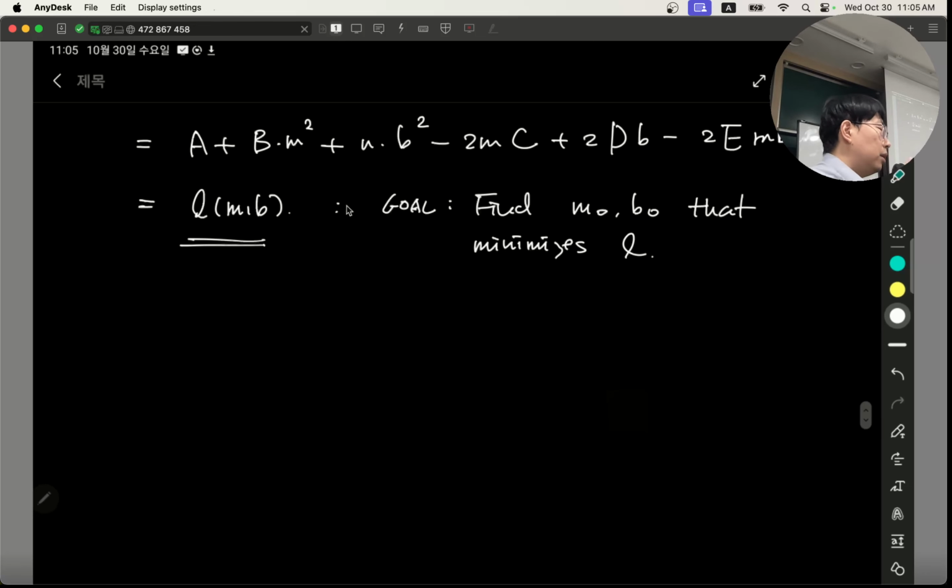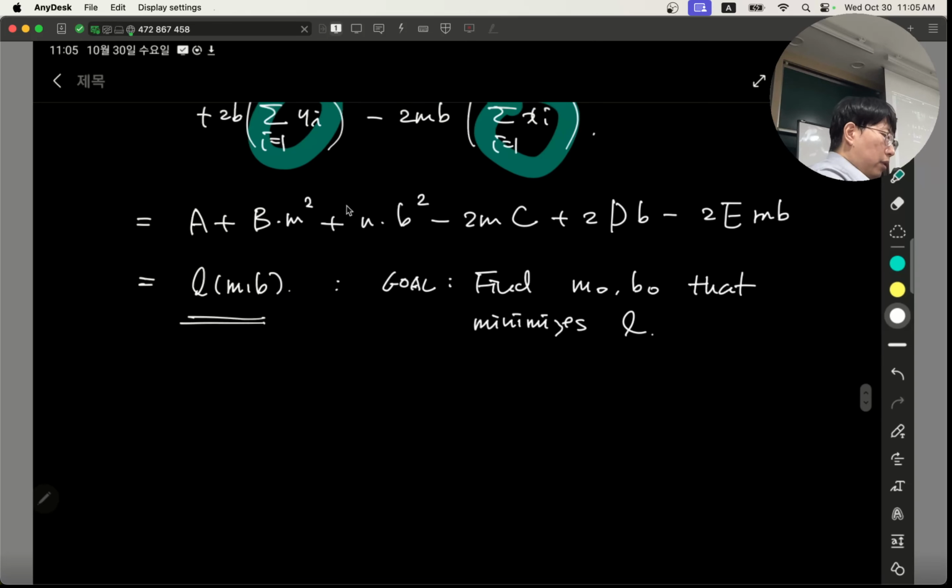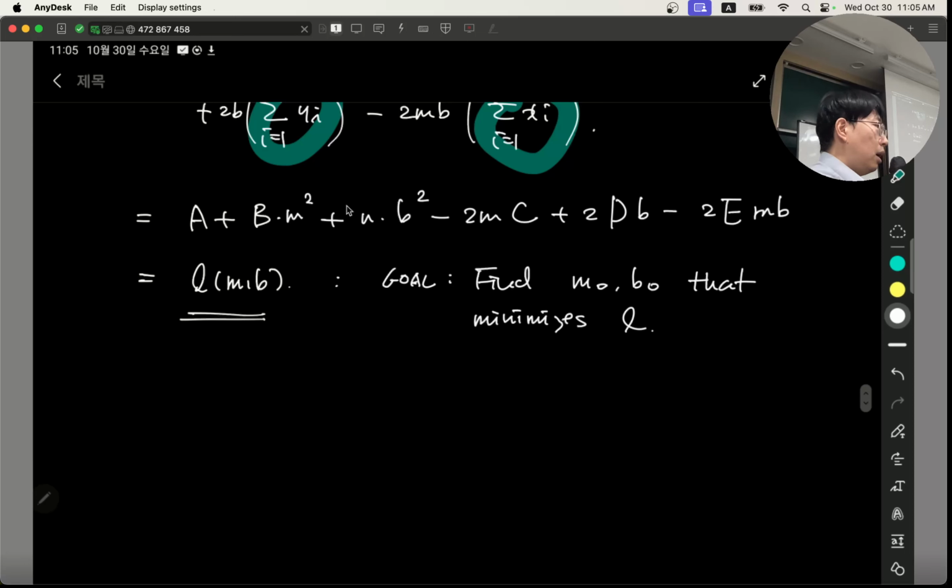Okay. So there are many ways. There are actually ways to find the exact minimum point, but I'll introduce another method. If you look at this quadratic equation of any type, then you can classify it into certain finitely many cases. And in this case, it always has a minimum.